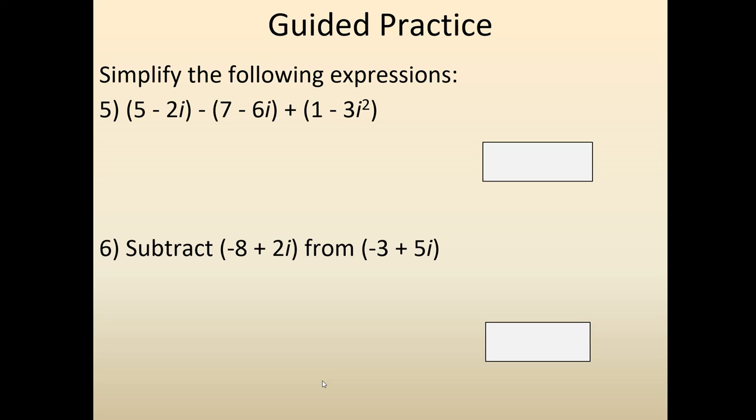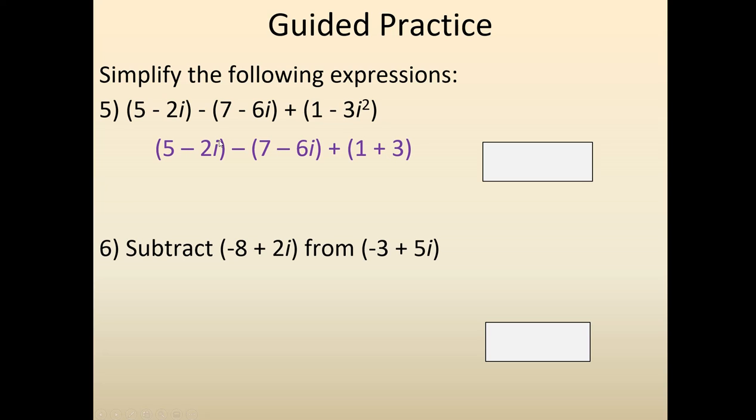All right. So first thing that we want to do, there is this i squared. So we kind of want to get rid of that. i squared, if you recall, is negative 1. So when I clean it up, it goes from 1 minus 3 times negative 1, which just turns this minus into a positive.